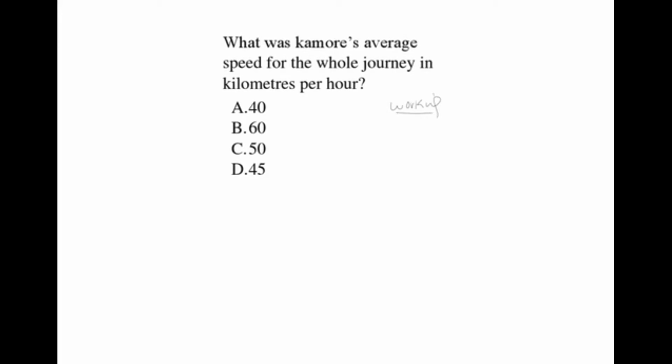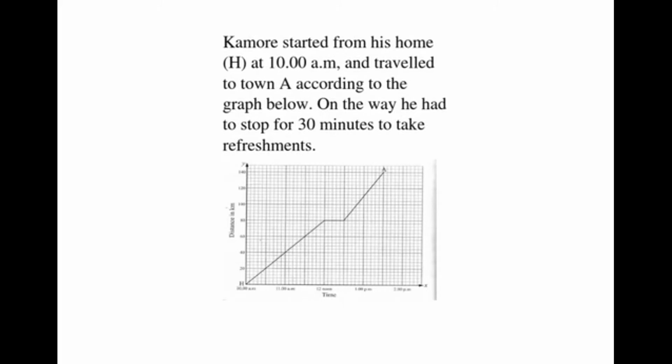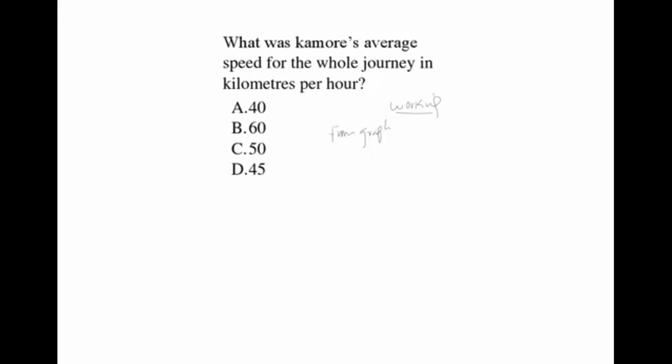So for our working, from the graph, when we look at our graph, we have the total distance covered being 140. So we have our total distance which is 140 kilometers. Then we have the time taken.